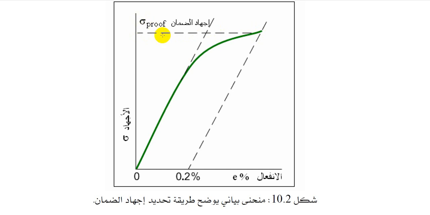The strain is plotted as a percentage on the horizontal axis X, and the stress is plotted linearly on the vertical axis Y, denoted by sigma, representing the engineering or nominal stress. Figure 10.2 is a graphical curve illustrating the method to determine the proof stress.